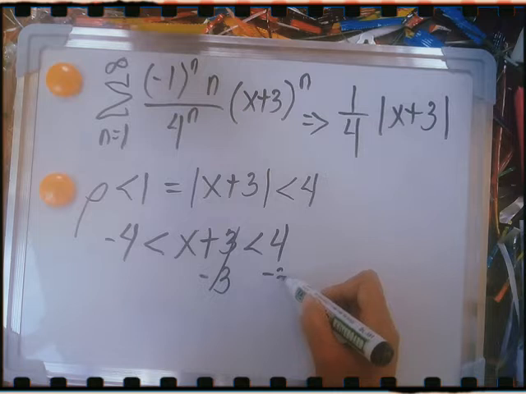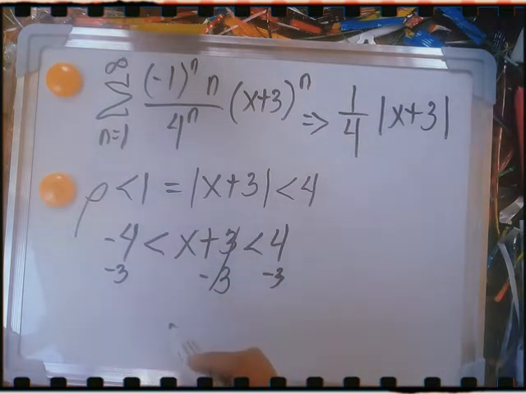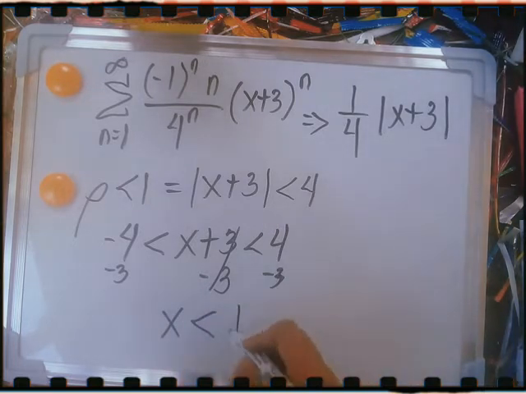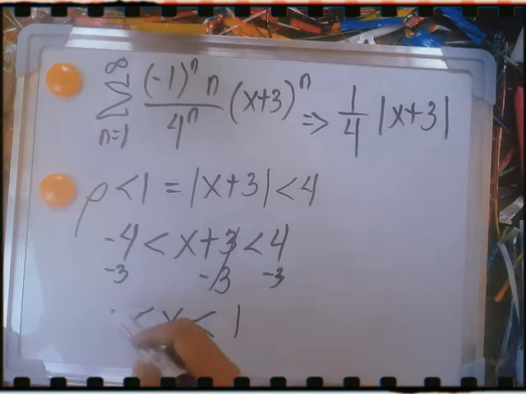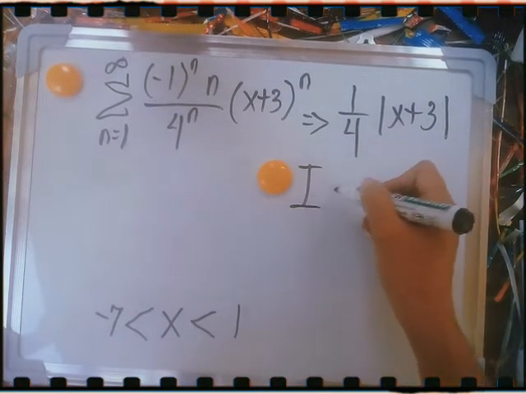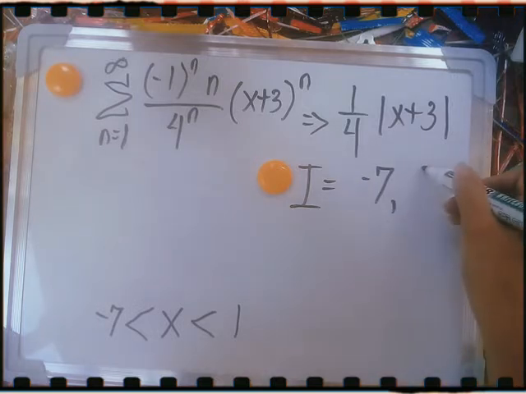So, minus 3 sa kabila, minus 3 din sa kabila. So, nakuha natin is x is less than 4 minus 3 is 1. And then greater than negative 7. Interval of convergence is equal to negative 7 and 1.